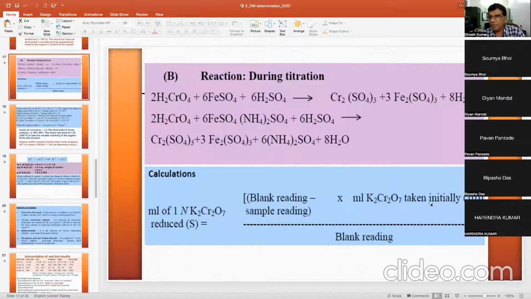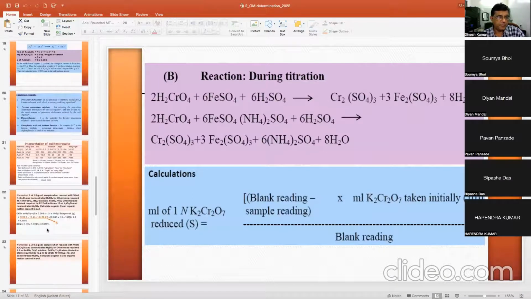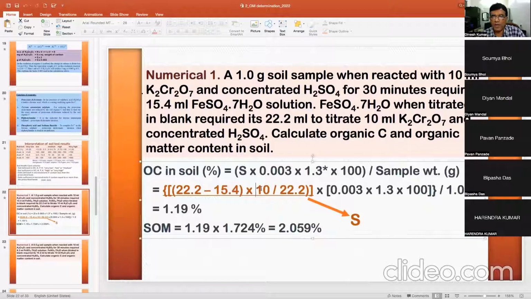The ml of K2Cr2O7 taken initially was 10 ml. So this 10 is the quantity of potassium dichromate, and all divided by 22.2, that is the reading of the blank. So these numbers will give you S. So S into 0.003 is the equivalent weight of carbon in gram, into 1.3, the 77% recovery factor, into 100, and divided by the weight of the soil in gram.